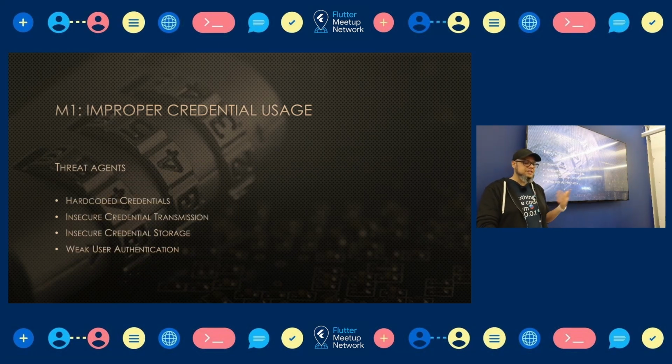The threat agents, like I mentioned, are hard-coded credentials and insecure credential transmission. For example, if your application is handling credentials and is not sending them through a network correctly, the storage of said credentials as well, and any type of authentication that is detected as weak.